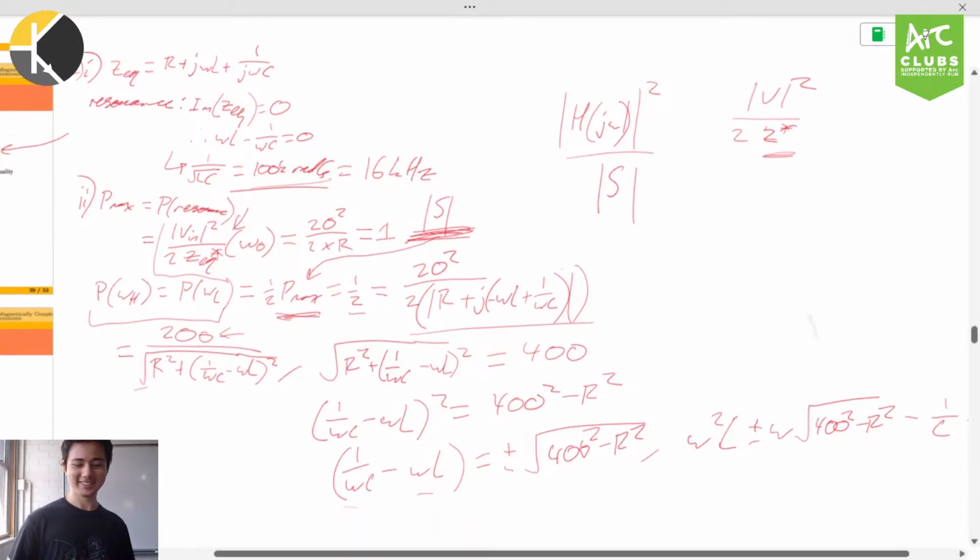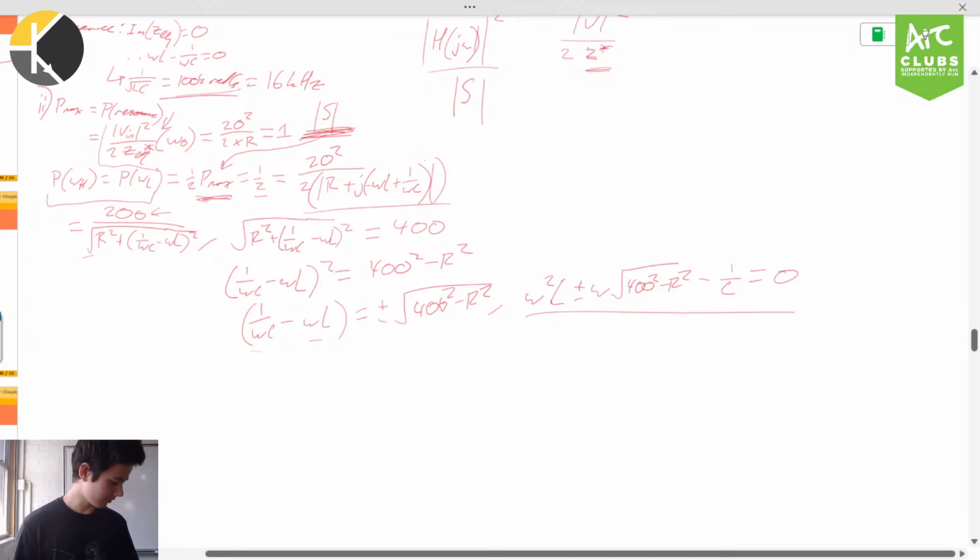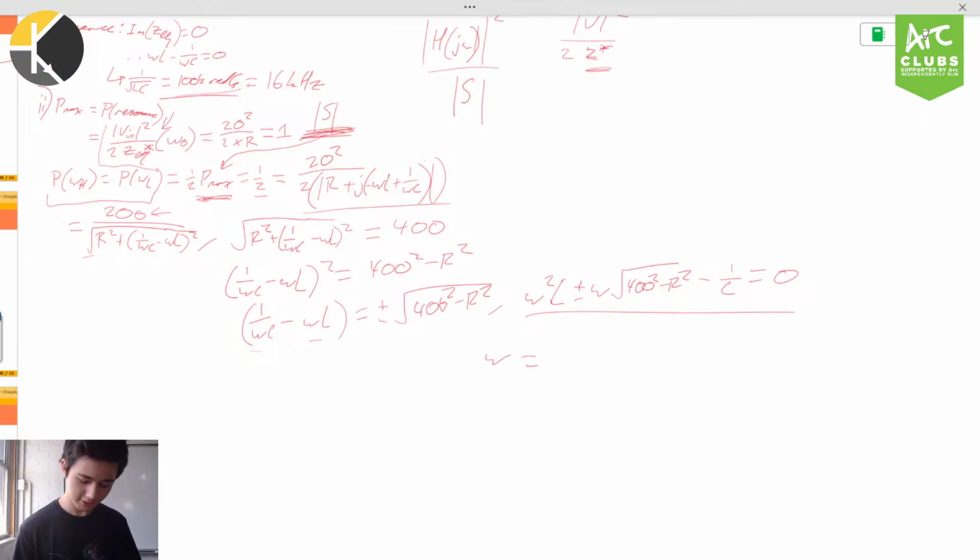Fair? All right. Good stuff. So we end up with this. We go ahead and do our quadratic. We end up with a whole mess of omega equals. Remember to take into account your minuses and your pluses.